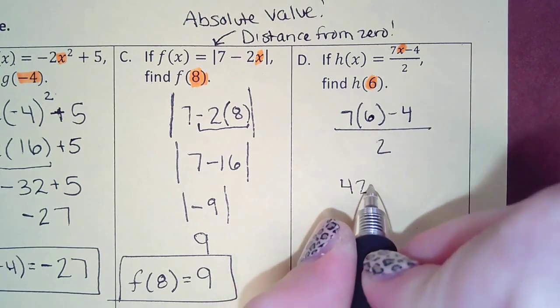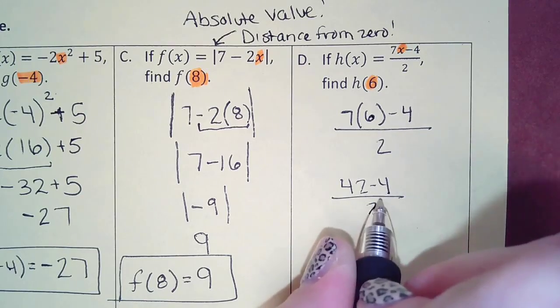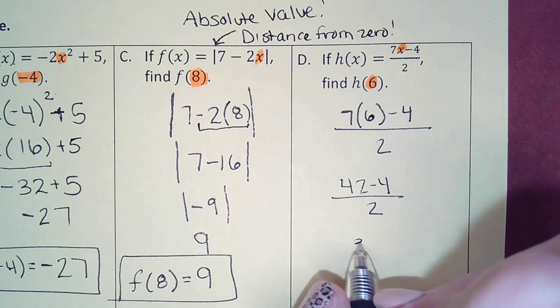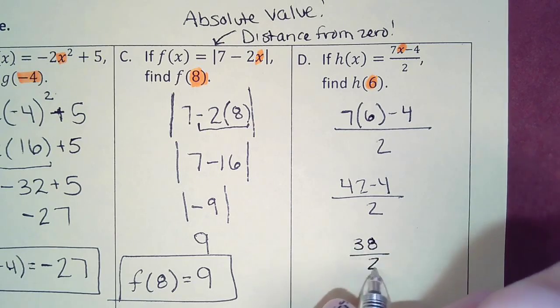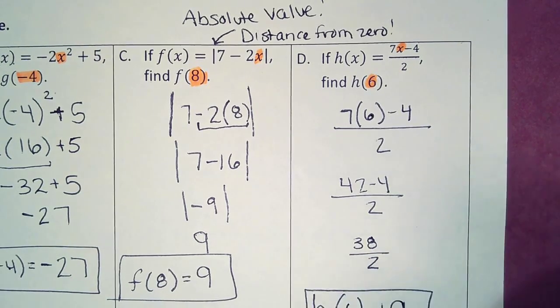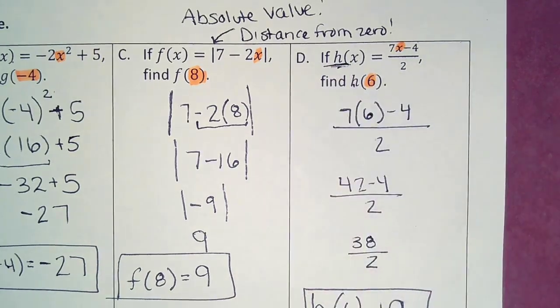So 42 minus 4, divided by 2. Before I divide, I have to simplify the top. 42 minus 4 is 38. 38 divided by 2 is 19. So I'm going to say h of 6 equals 19. I use h because here it says h.